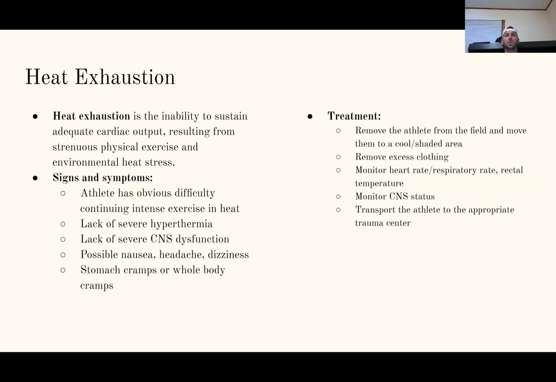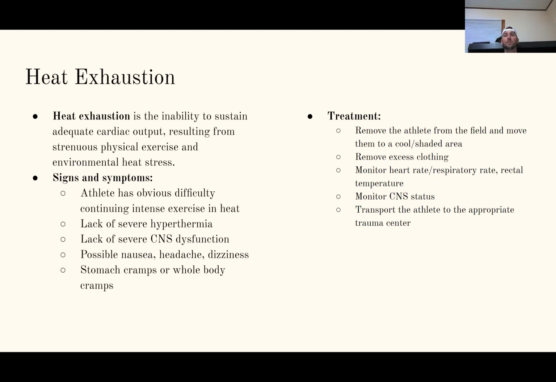Signs of heat exhaustion include the lack of severe hyperthermia, possible CNS dysfunction. The athlete could show possible signs of nausea, headache, dizziness, and they could even show stomach cramps or whole body cramps.